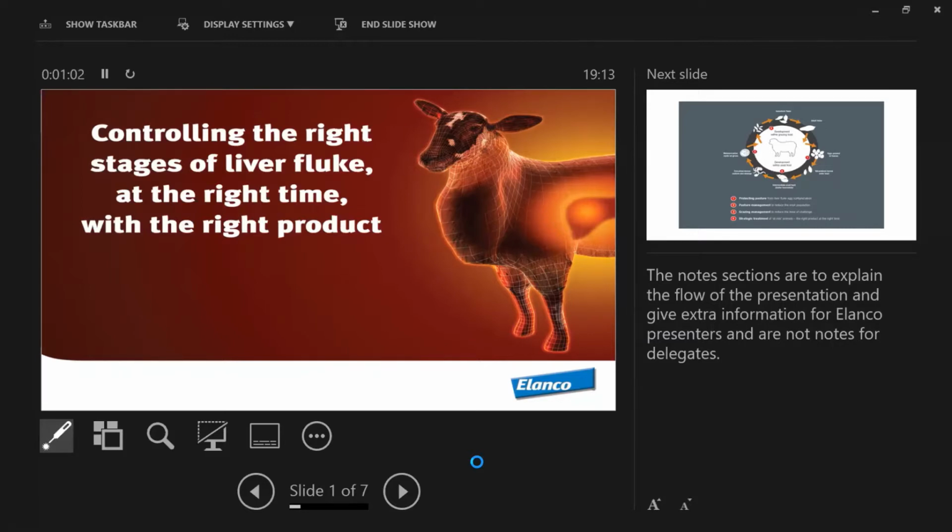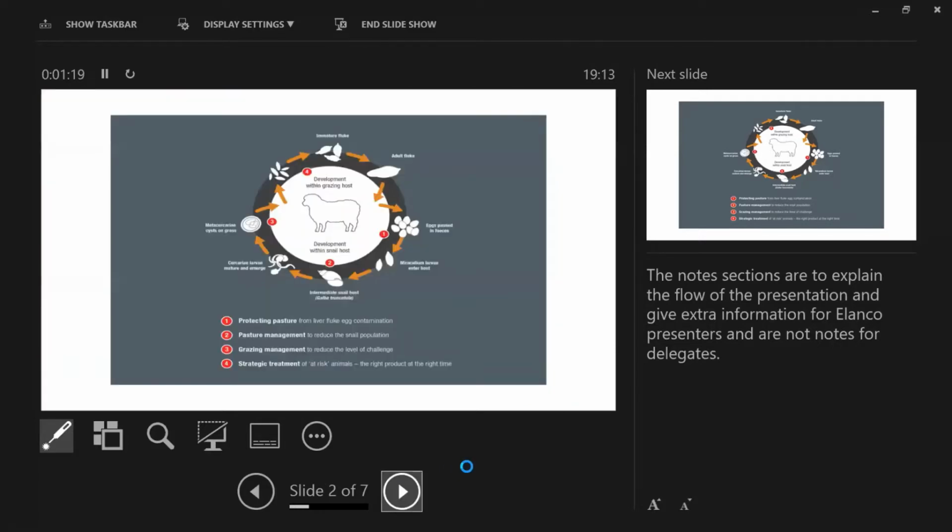So we want to look at what's happening within the animal and how we can control liver fluke within that animal by using the right product at the right time for the right stage of fluke. So, like I said earlier on, it is a very complex life cycle.